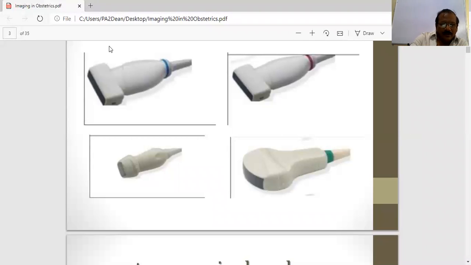These are all the probes used for abdominal scan, and also for small parts like thyroid and testis, where the resolution is high and the penetration is less.